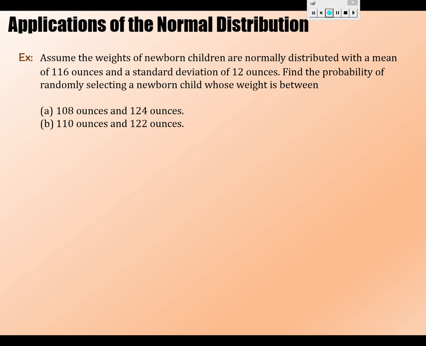And then as a part C, now I hesitated to put this on here, but maybe some of you do remember your birth weight. If you remember your birth weight, it'd be fun to calculate what percentile you were.